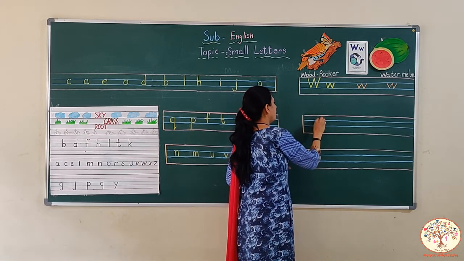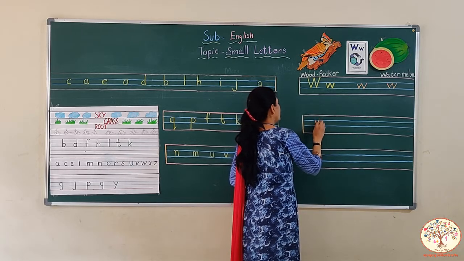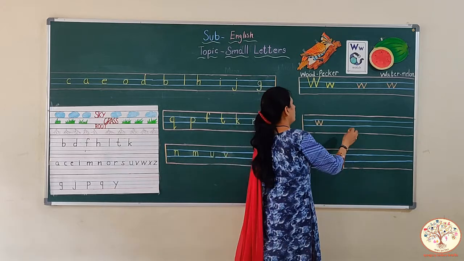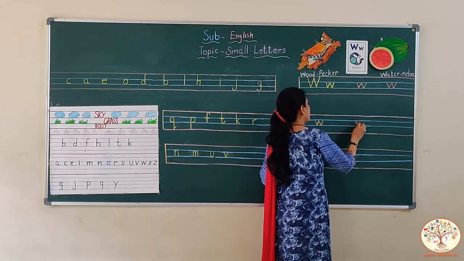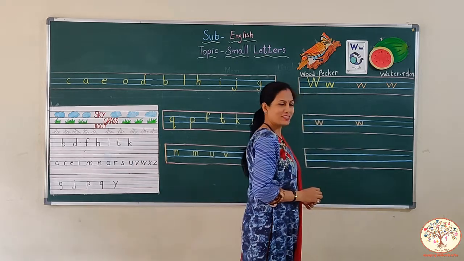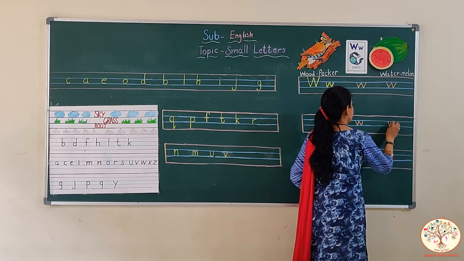Once more. Okay, this is W. You have learned to make V. 1 and 2. Very good. How easy it is?